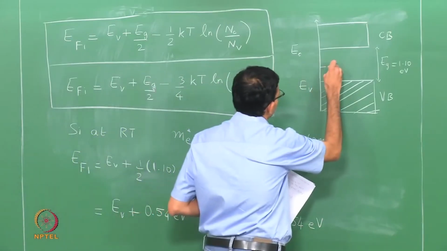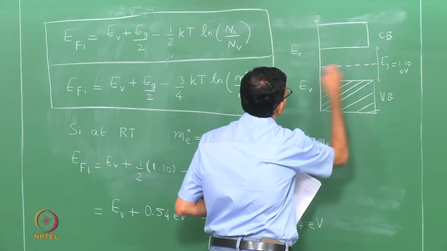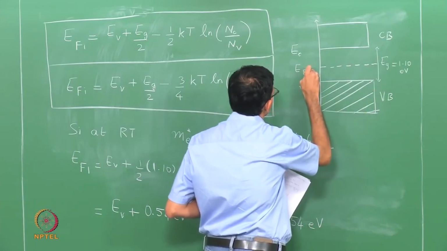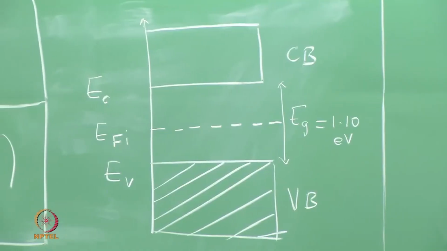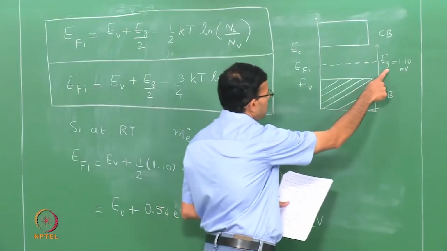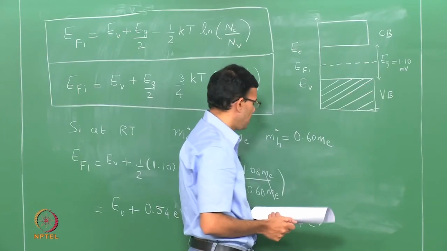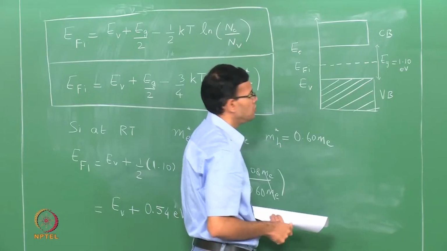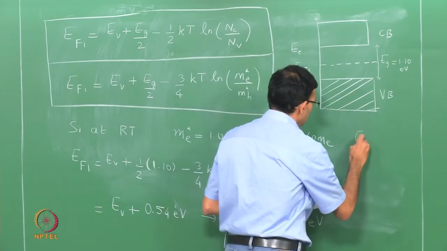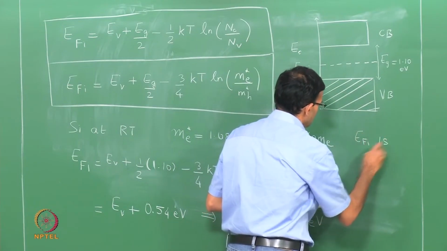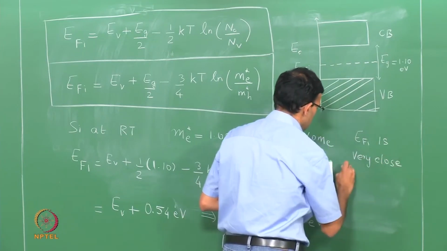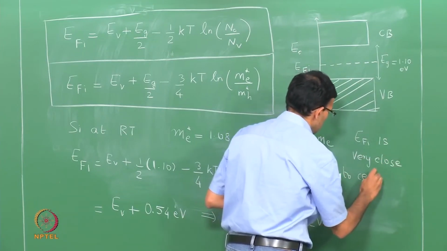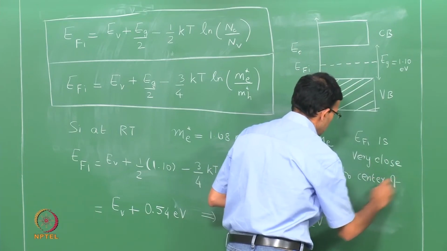So, EFI, which is the Fermi energy, is located very close to the center of the band. The actual center of the band from this value of EG is 0.55 and the Fermi energy is located at 0.54. So, EFI is very close to the center of the band.